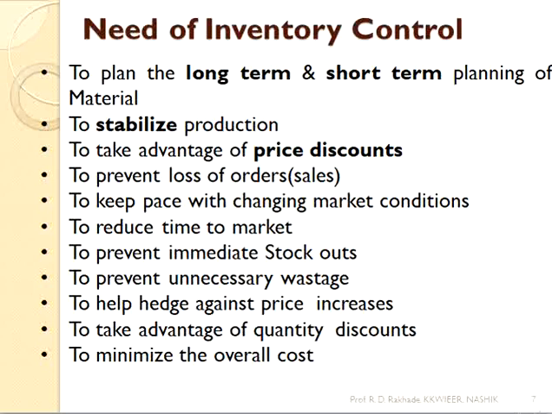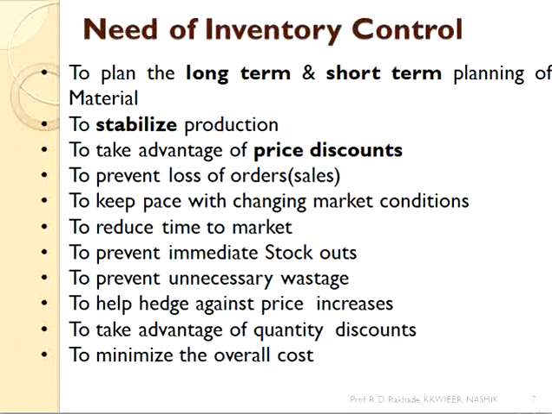Generally C type category or the most consumable inventories require short term planning. Then if we have a proper stock of inventories, production should be stable.